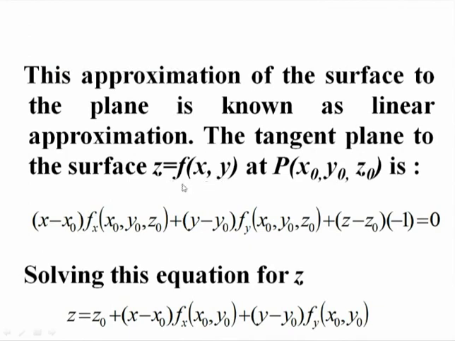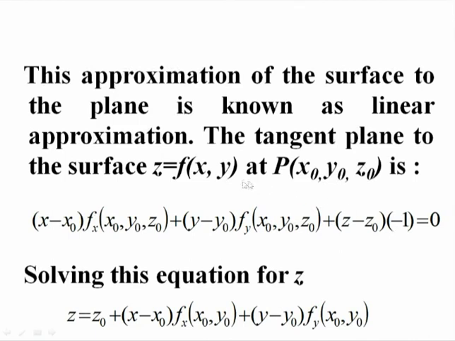Then this equation can be written in the form f of (x, y) minus z is equal to 0, and the tangent plane for this can be given as (x minus x0) into fx at the point (x0, y0, z0), plus (y minus y0) into fy at (x0, y0, z0), plus (z minus z0) into del f by del z at the given point.